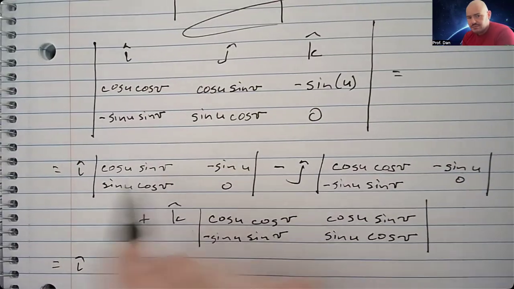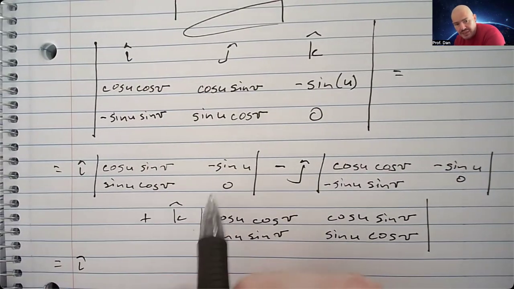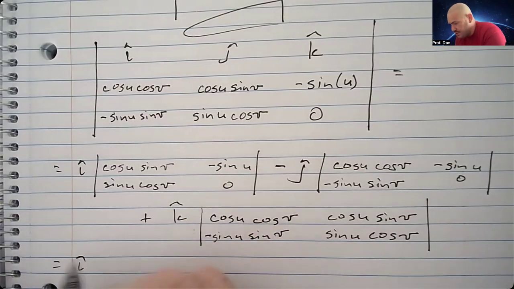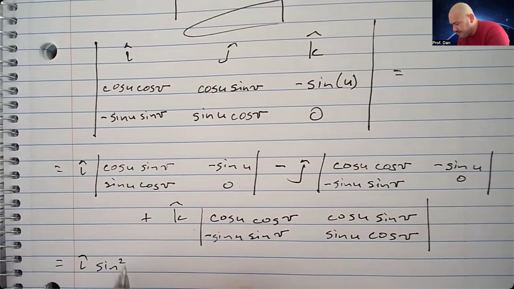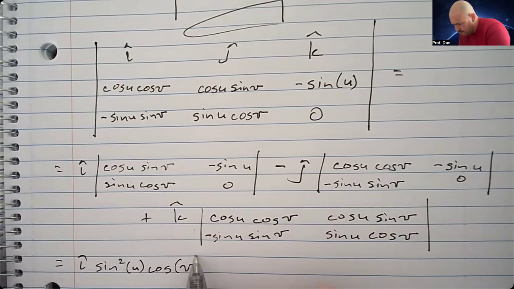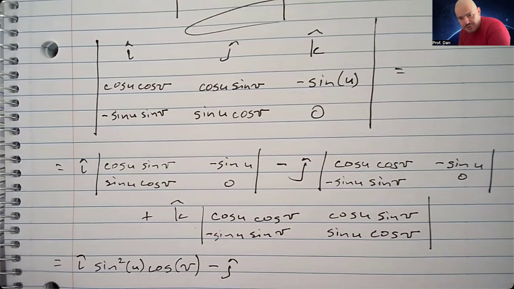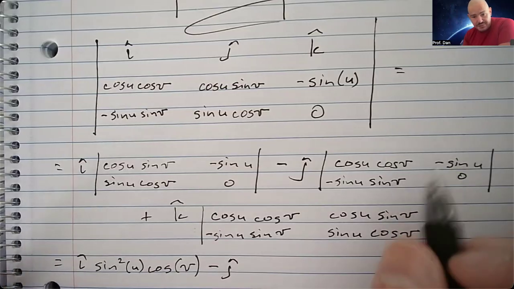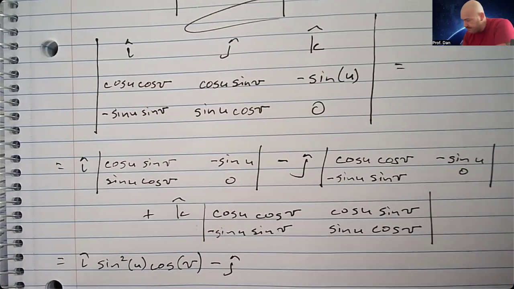So expanding, we're going to get 0 minus negative, so plus sine squared u cosine v. For our j component, 0 minus positive sine squared u sine v.